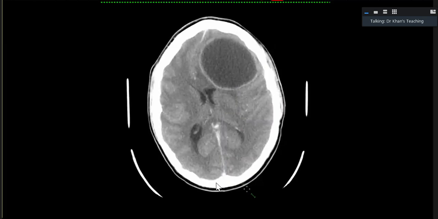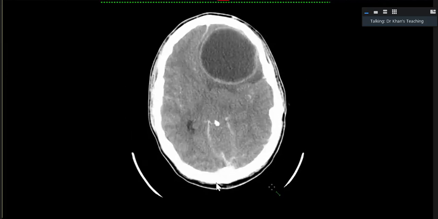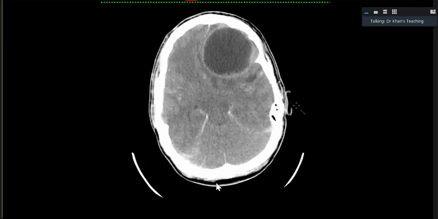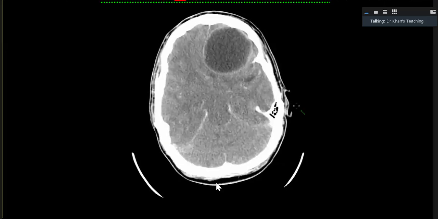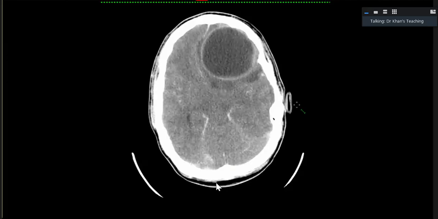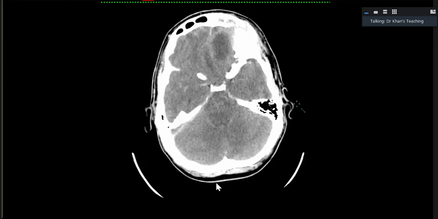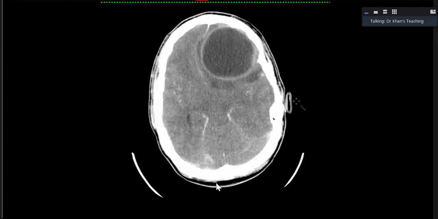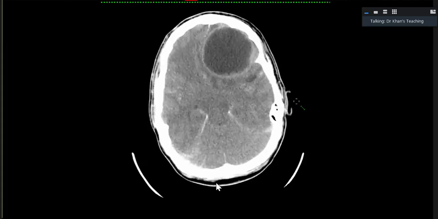Now, with that comes transtentorial herniation. So you have to develop your concepts, describe the findings, and then infer that there is transtentorial herniation or bilateral transtentorial herniation. If you see the midbrain in this case, if you stretch your imagination, because it is such a tight brain, definitely the uncus is sitting here.